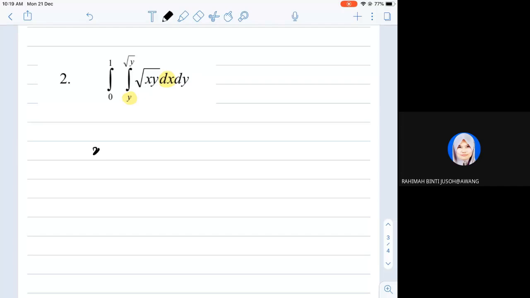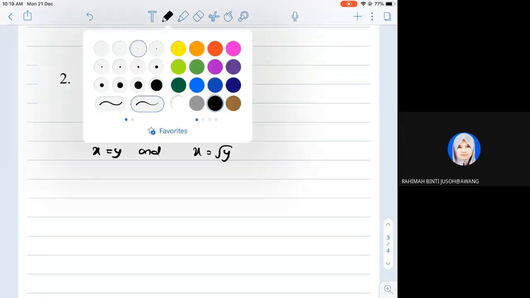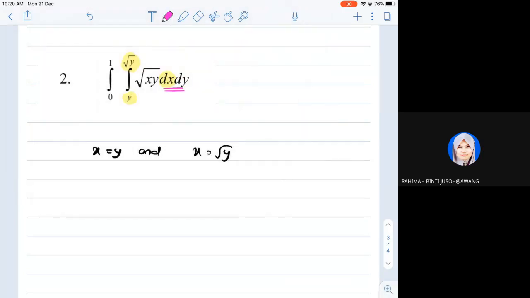We have x equals y, and another equation is x equals square root of y. This question is type 2 because x is first.